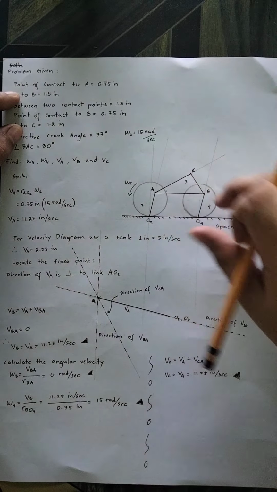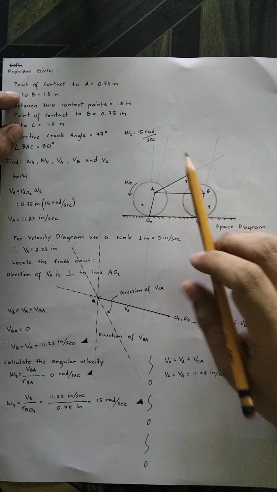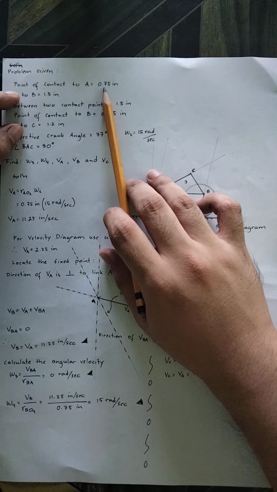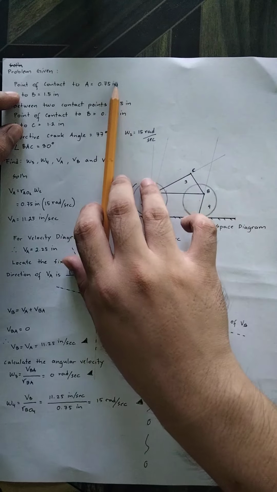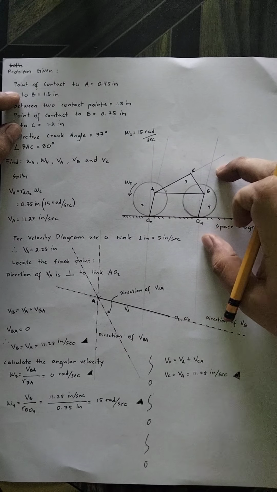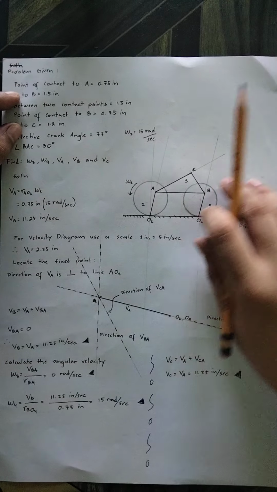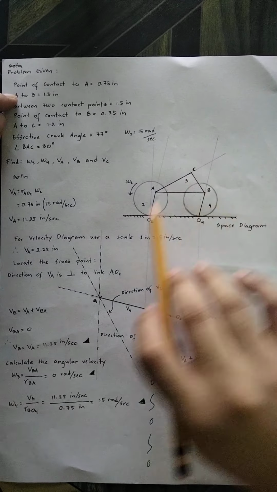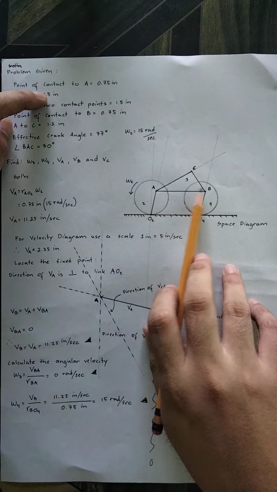So I just drew this as the space diagram. I did not change the dimensions because it is efficient to use them in terms of transferring to paper. So I just use 0.75 here. And the distance of A to B is 1.5 inch.